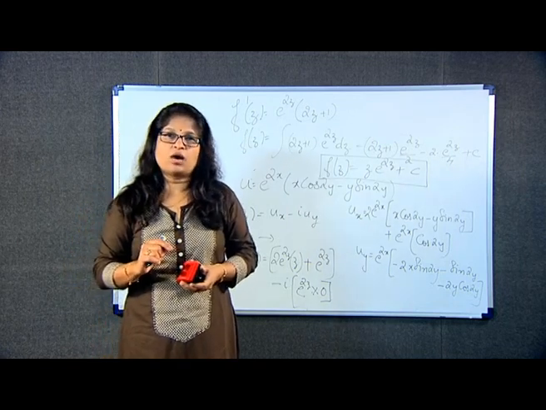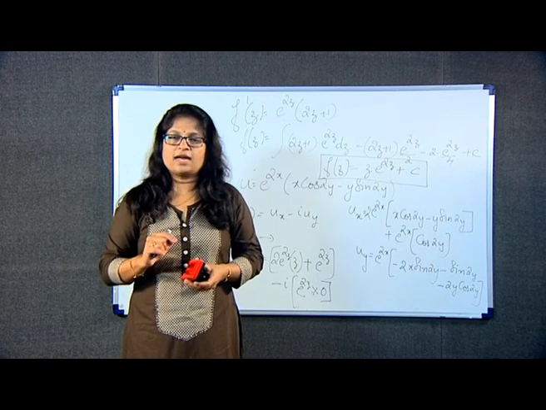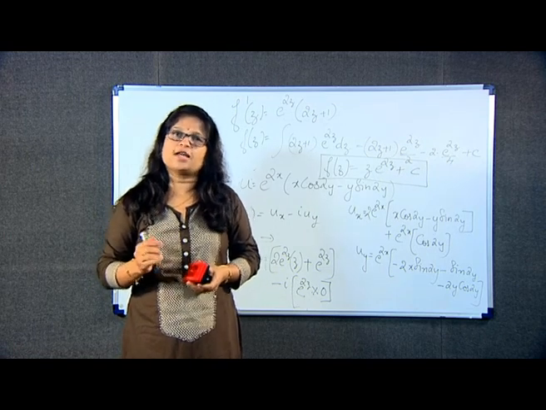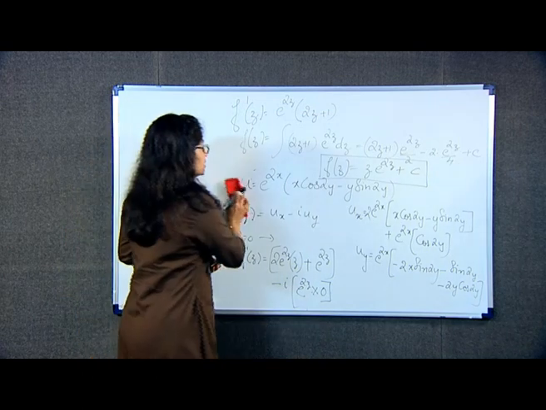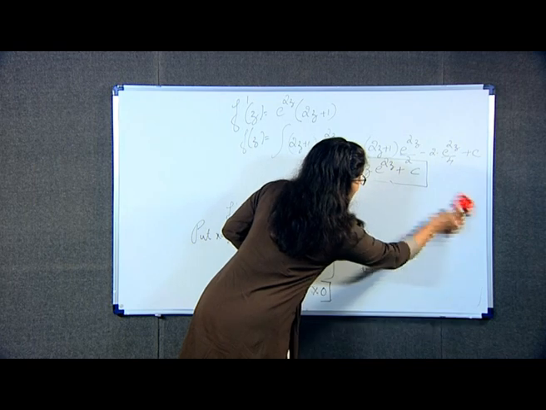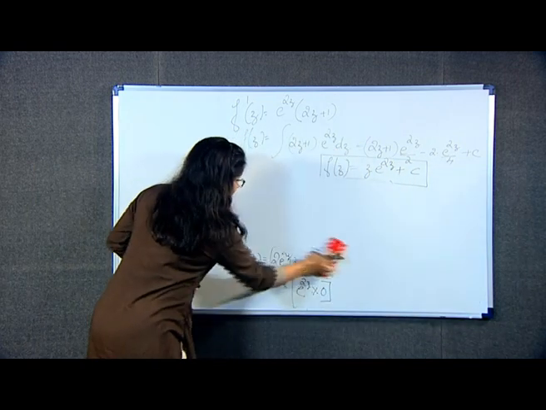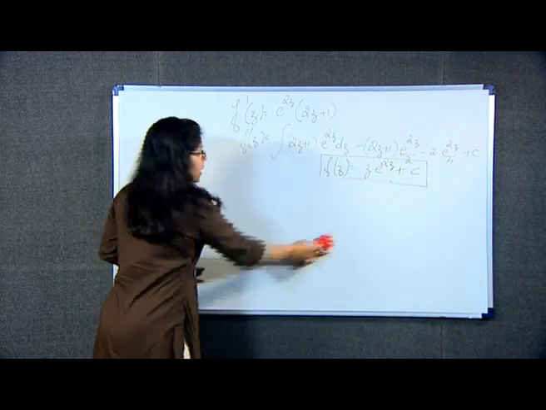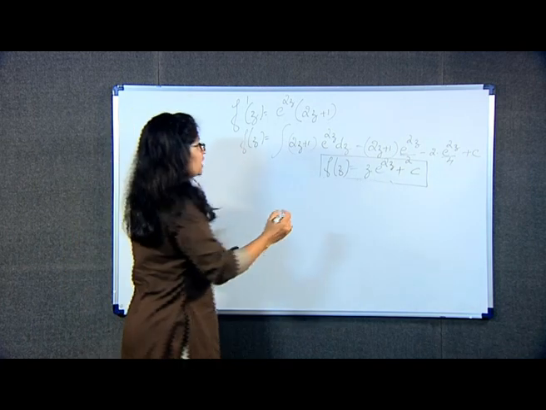How do I proceed now? Once I have the analytic function, how do you find the imaginary part? You just substitute z equal to x plus iy and separate the real and imaginary parts as you have done in the earlier problems.